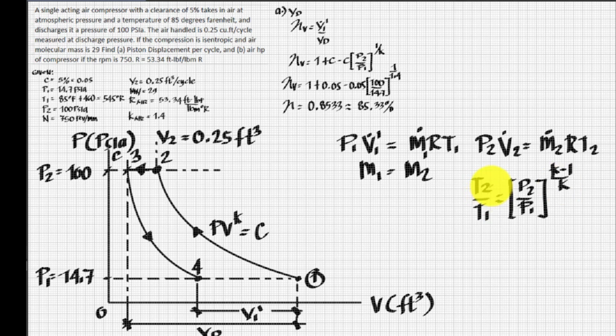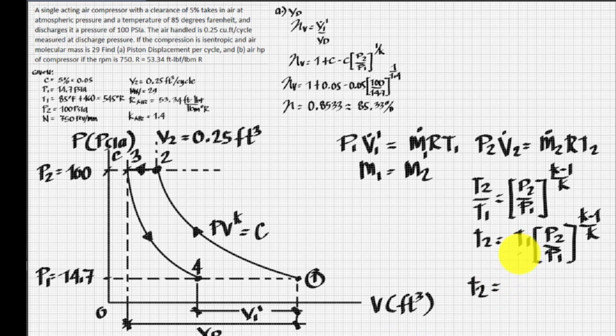And to get the value of my T2, I have T2 which is now equal to T1 multiplied by the ratio raised to K minus 1 over K. Now for my T2, let's substitute the values here.